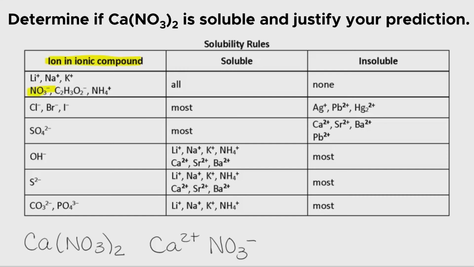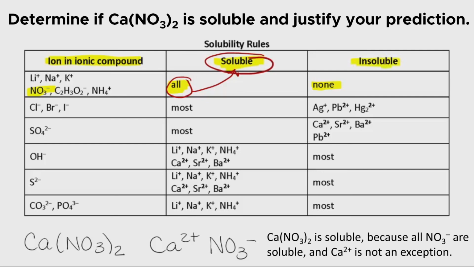So now we look in this row and we find that all nitrate compounds are soluble. If we then look for the exceptions, we'll see that there are no exceptions because there are no compounds that are insoluble. So calcium nitrate is soluble because all nitrates are soluble and calcium is not an exception.